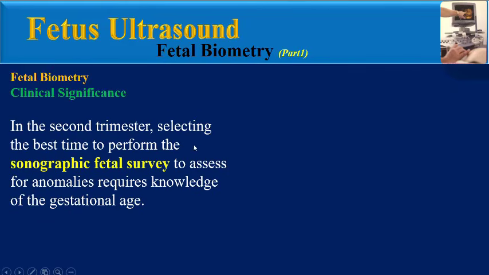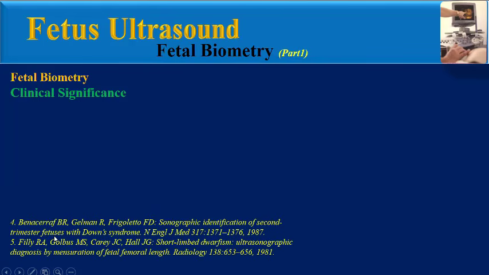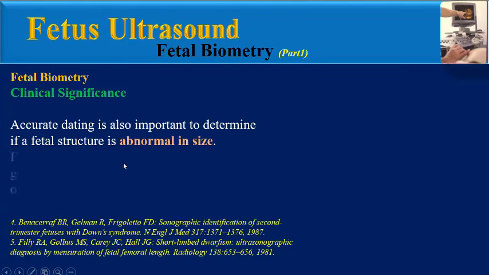In the second trimester, selecting the best time to perform the sonographic fetal survey to assess for anomalies requires knowledge of the gestational age. According to some studies, accurate dating is also important to determine if a fetal structure is abnormal in size or not.